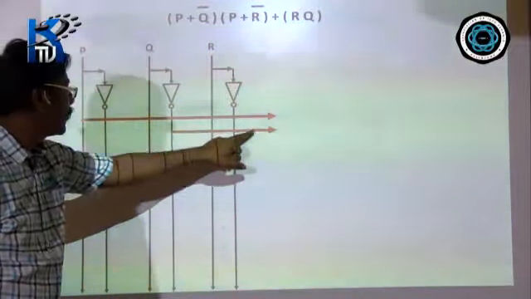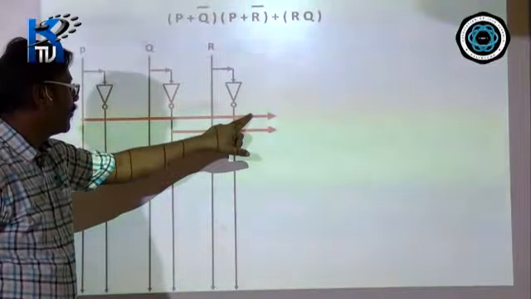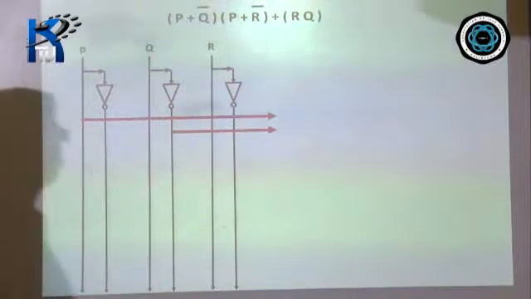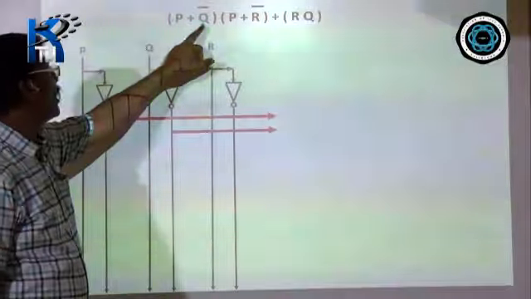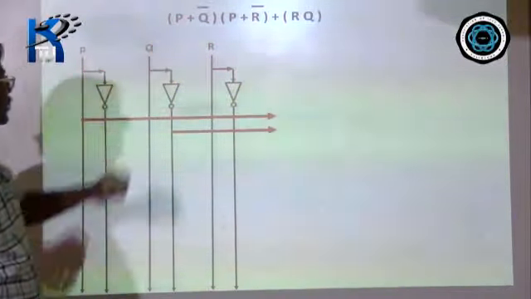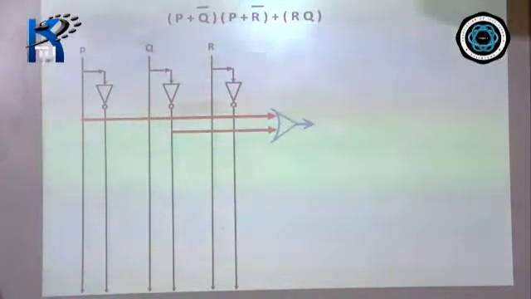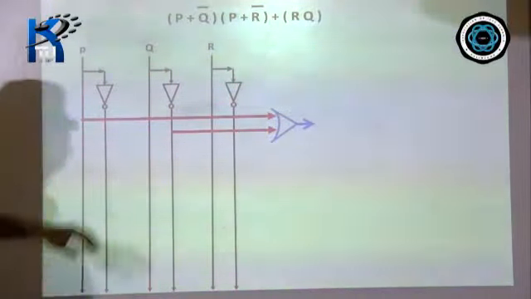So line out of Q complement. So here we have got P, here we have got Q complement. Now between P and Q complement we have got this OR gate. So we draw the OR gate. So between P and Q complement we have connected P and P complement with the OR gate. Fine. So this portion is done.